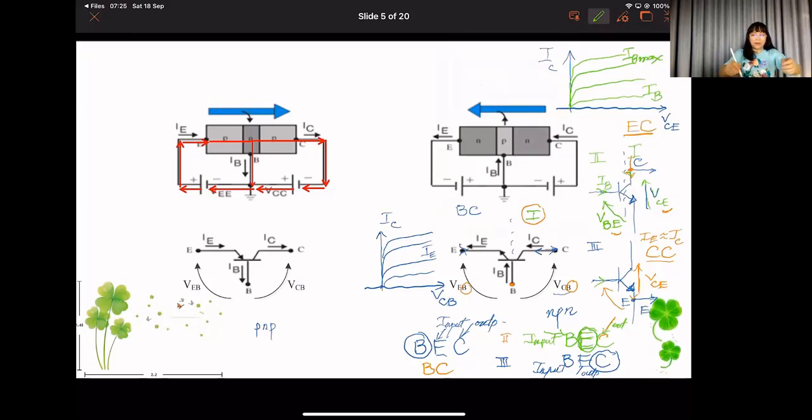And you can see for common base, we have one very important point, because of some multiple-choice questions. I remind you, some multiple-choice questions ask where is the graphic for common base, where is the graphic for CC and CE output volt-ampere characteristic.